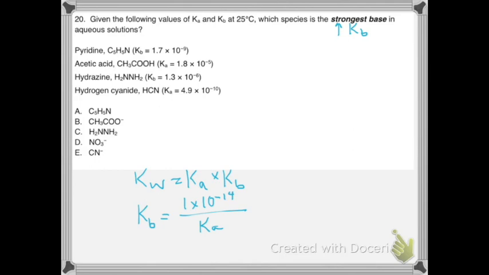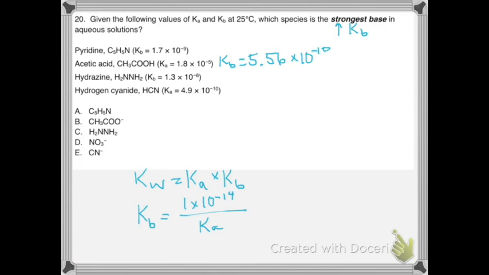So pyridine, they gave us Kb. Acetic acid, they gave us Ka. So we can get the Kb for the acetate by using this calculation. And we would find that its Kb would be equal to 5.56 times 10 to the minus 10. Hydrazine, they gave us Kb. Hydrogen cyanide, they give us Ka.